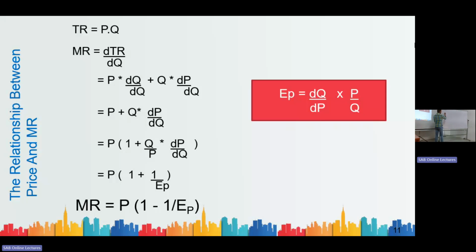So on the demand curve, we have different price elasticities. On a demand curve, which is a straight line and downward sloping, we have different point price elasticities. You should have learned this from your principles of economics course. At the midpoint of the demand curve, what is the price elasticity of demand?